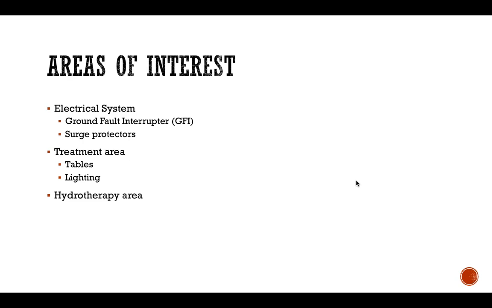is recommended. Also, within the treatment area, you want good lighting, because if we're going to be evaluating things, we need to be able to see. We want our patients to be able to see. So we measure lighting in what's called foot candles. It goes back to the day of like how much light a candle would give off, so how many feet you could see. Well, for lighting in the treatment area, we ideally want something between 50 and 70 foot candles at a height of 4 feet above the floor.